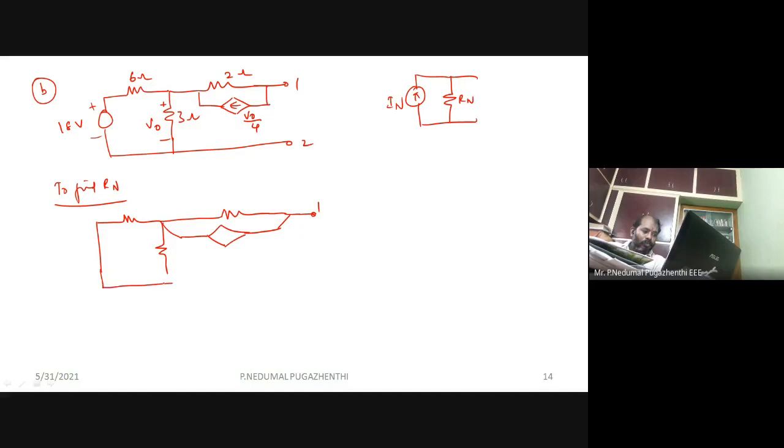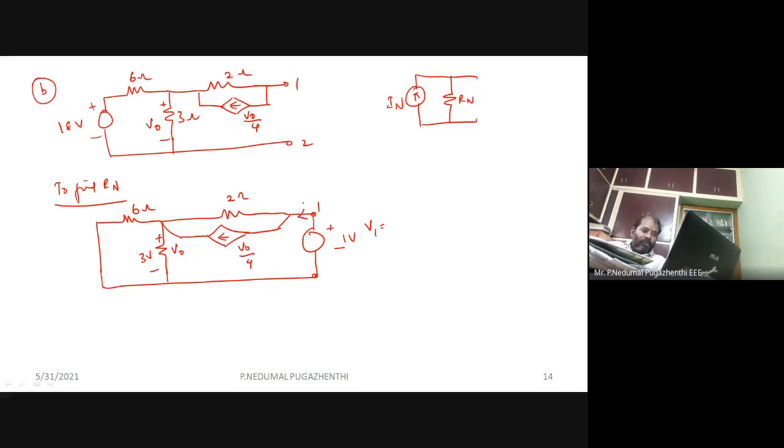Let us say I have a 1 volt source, which I will call V1. V1 is equal to 1 volt. I will connect it across here and try to find what is happening there. This is going to be 3 ohm, with voltage V0, and this is 6 ohms, and this is V0 by 4.